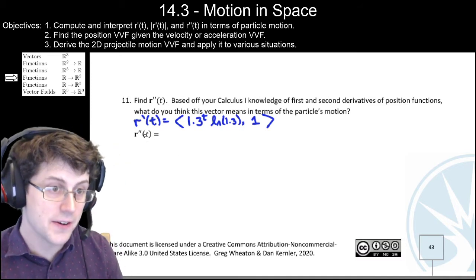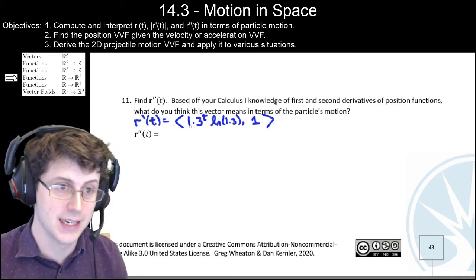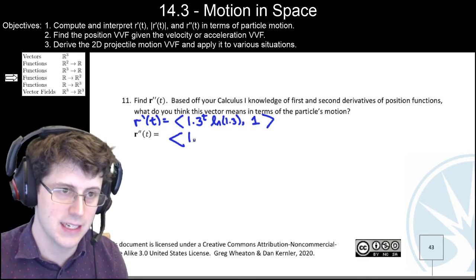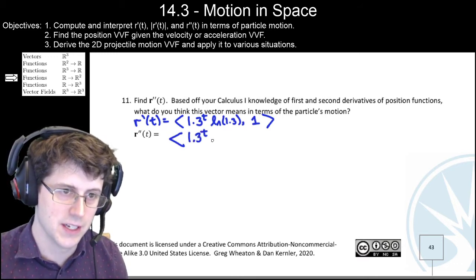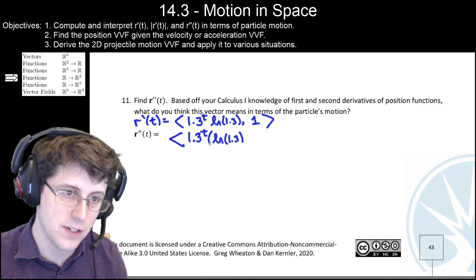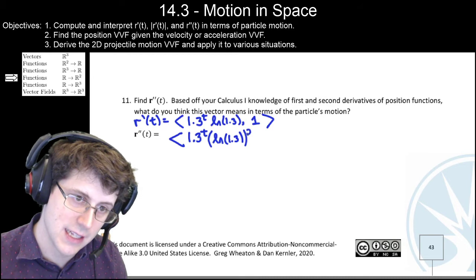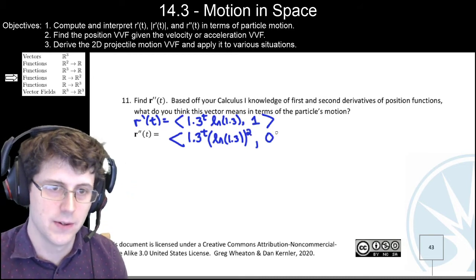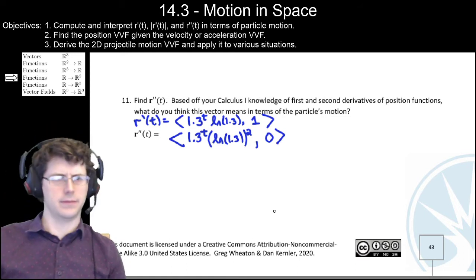When we take another derivative, you again do it one component at a time. What will happen is you'll take the derivative of 1.3 to the t, which gives us another copy of ln 1.3. So now I have 2 copies of ln 1.3. They're just constants, though. And then the derivative of 1 is 0.